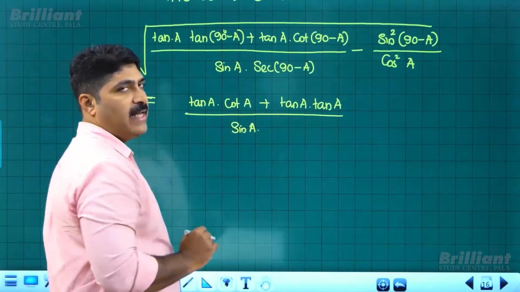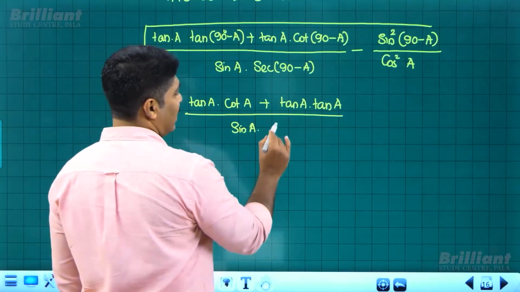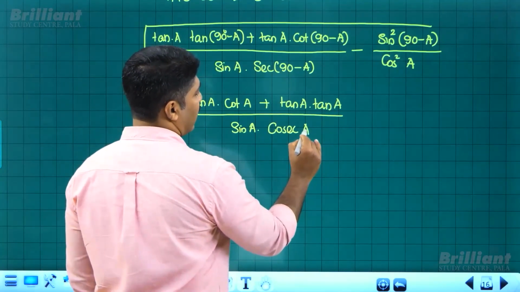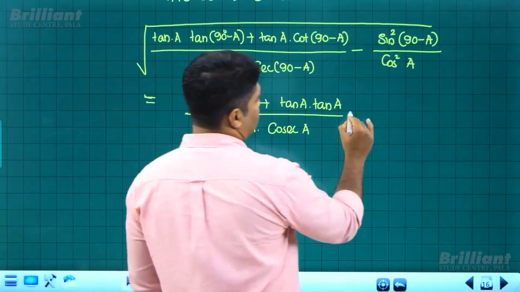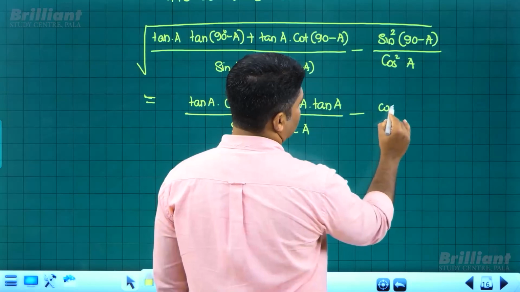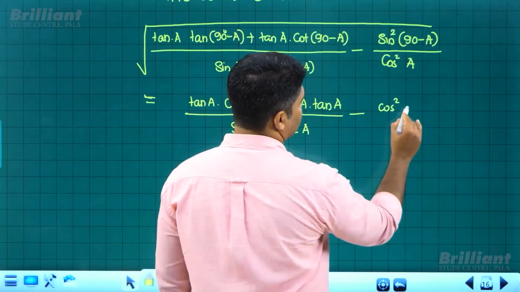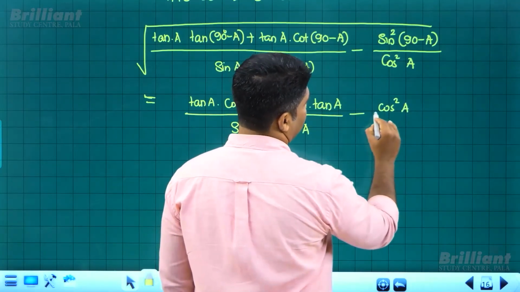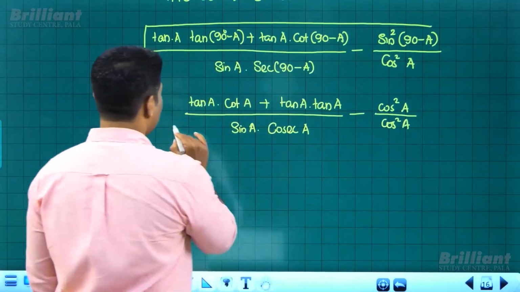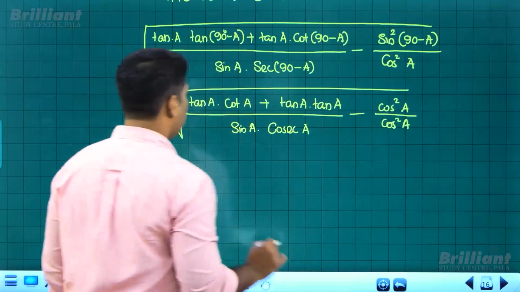What is sec of 90 minus A? Its corresponding value is cosec A, minus sin of 90 minus A, which is cos A. Therefore sin square of 90 minus A is cos square A, so divided by cos square A. So these are the rearranged values.